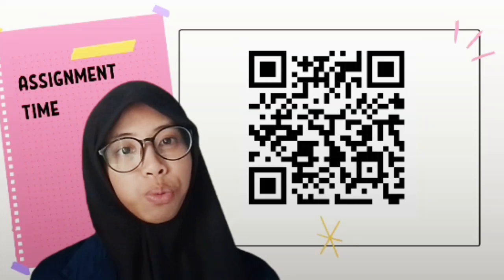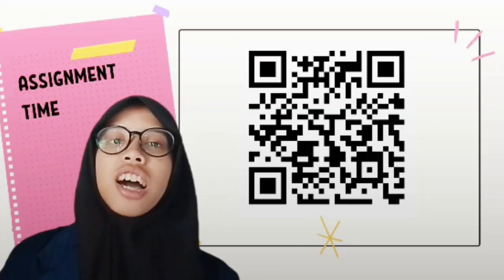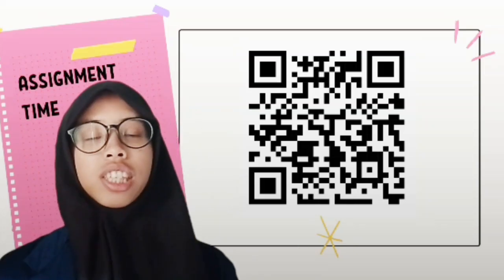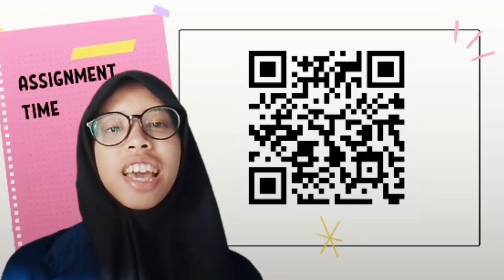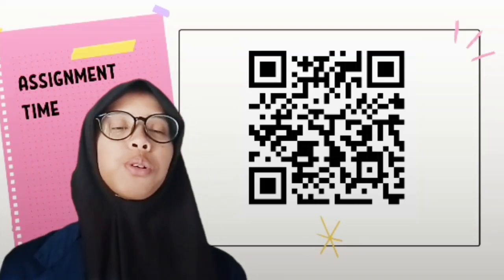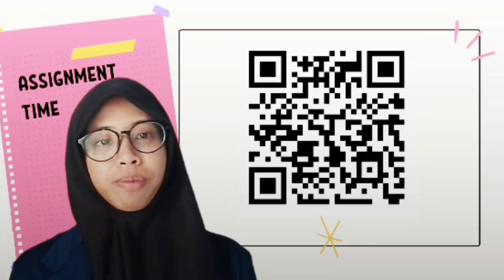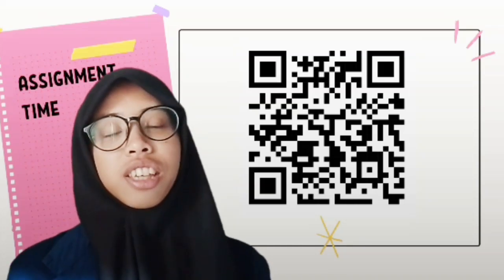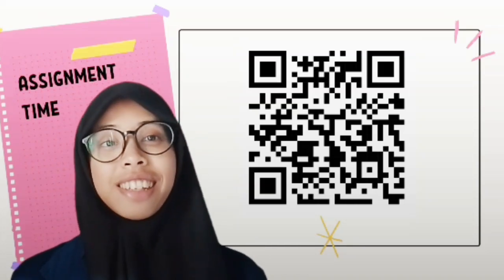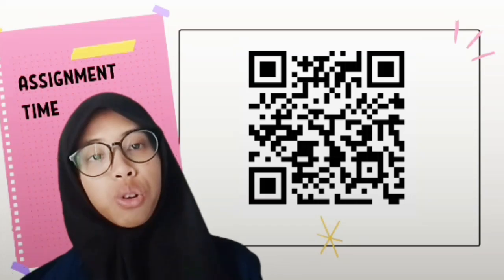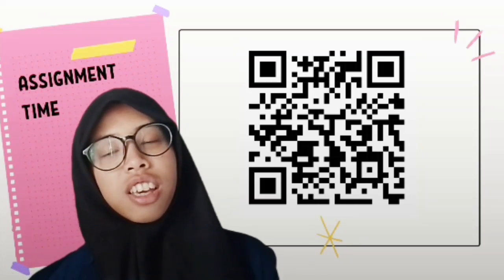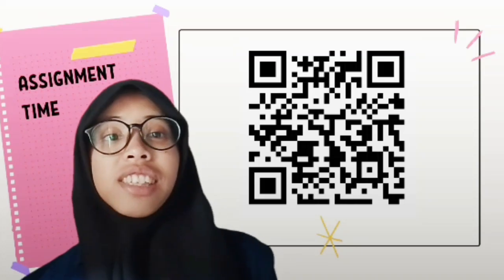You have to work in a group to analyze the figurative languages in a poetry and explain the meaning related to the poetry itself, as in the example I gave you before. You can see the poetry based on the Padlet QR code on the screen.